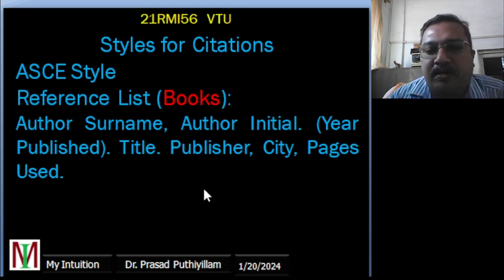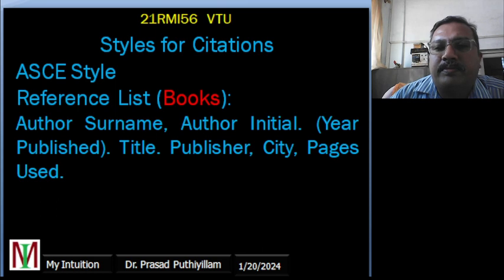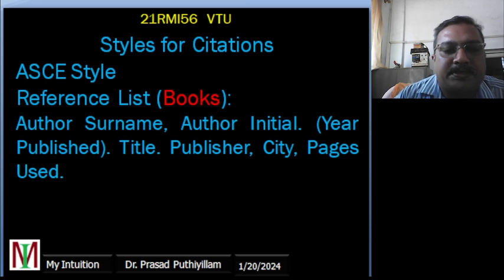ASCE is the American Society of Civil Engineers, a professional body which publishes journals and other related publications mainly in the field of civil engineering.